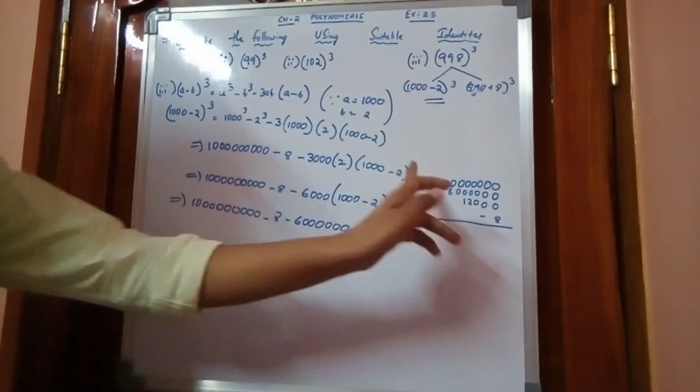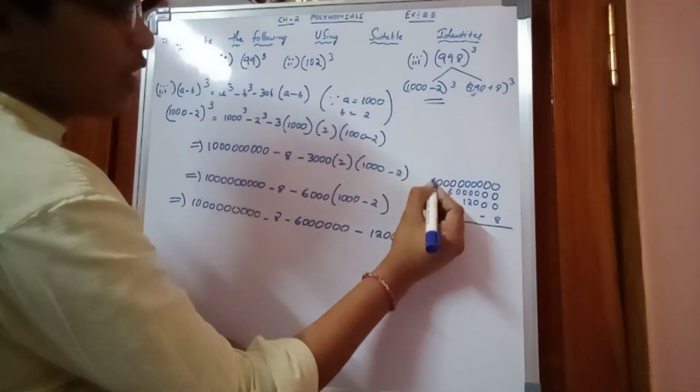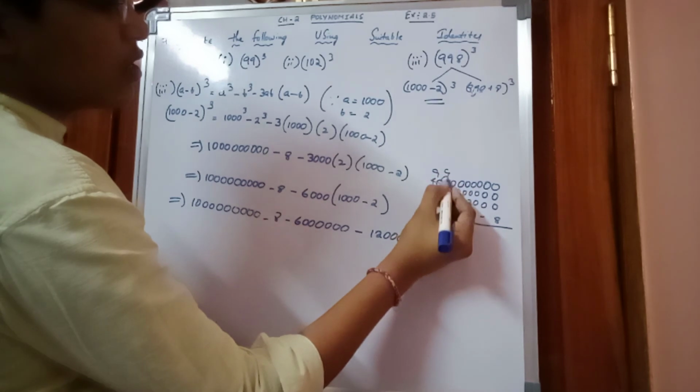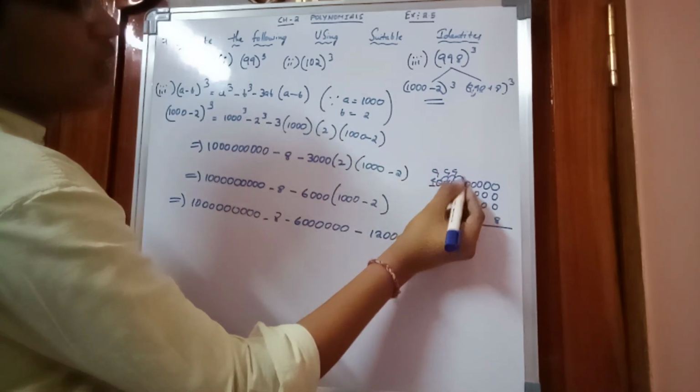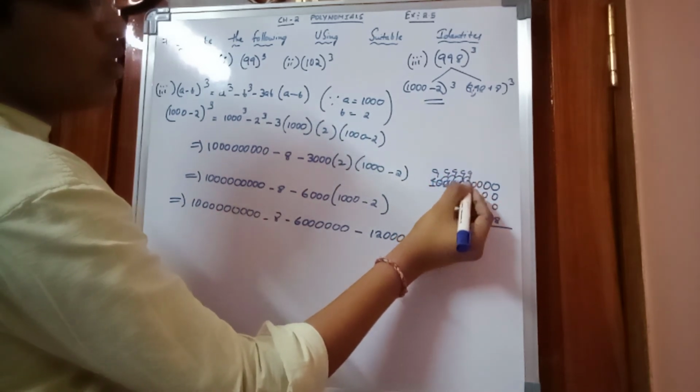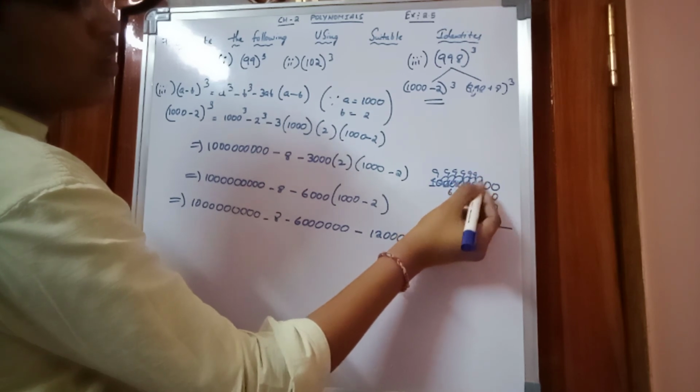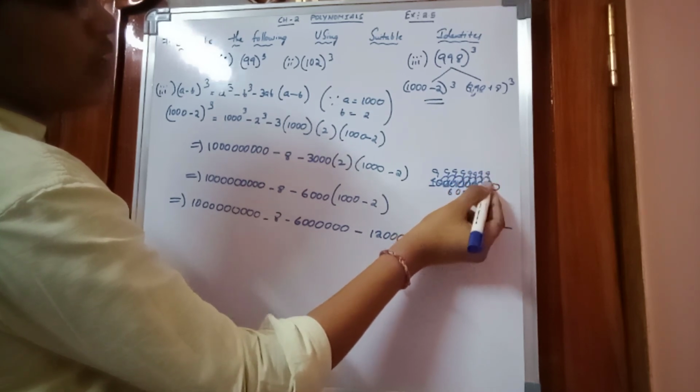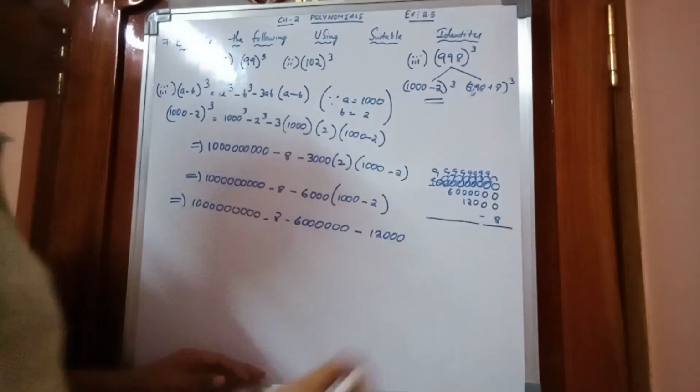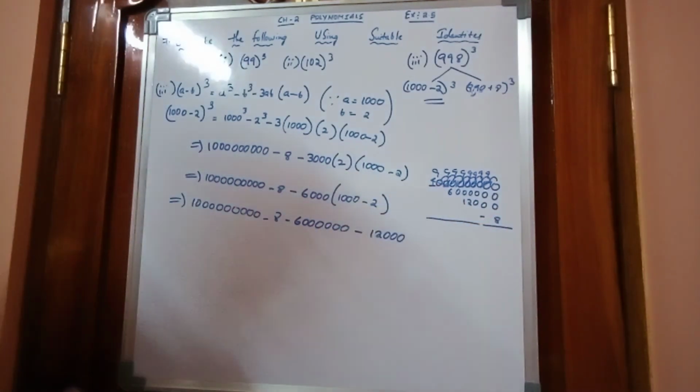Okay, now borrow the 10 here. 10 9 10 9 10 9 and so on. So we'll get 10. So 10 minus 8 is 2.